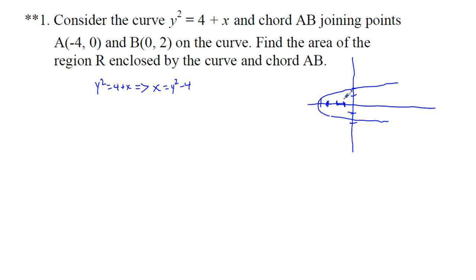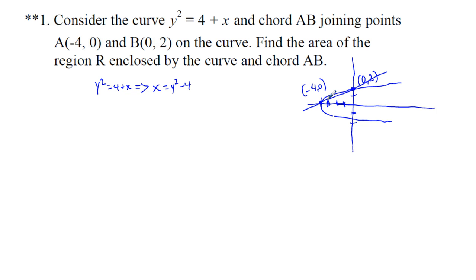So we have a rightward opening parabola. And we have this chord between points A and B. Point A is (-4, 0), the x-intercept, and point B is (0, 2). And we have a chord connecting these two points.